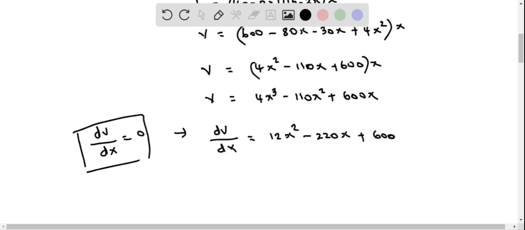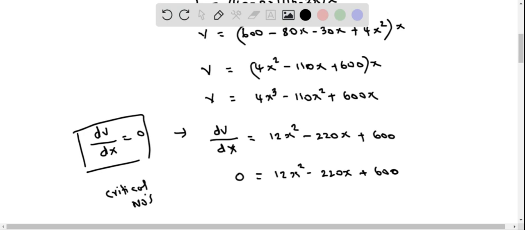So now let's set this equal to 0 so that we get the critical numbers or the critical points of the volume function. So let me set dV by dx equals 0, and when I do that I'll be getting 0 equal to 12x squared minus 220x plus 600.